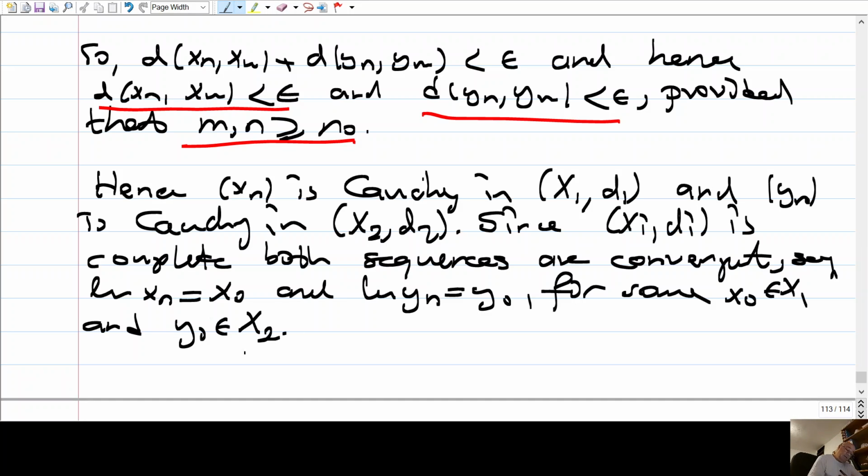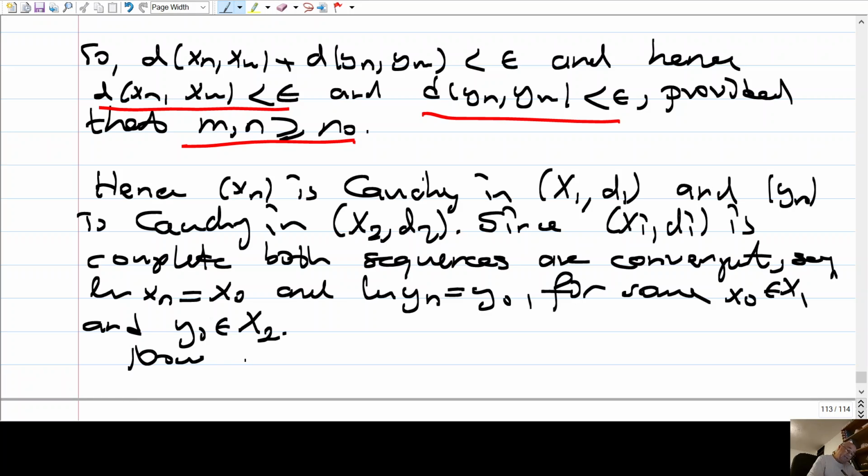Well, then our aim is to show that the Cartesian product is complete. So I have to show that the sequence Zn is convergent. But Zn is the sequence (xn, yn).